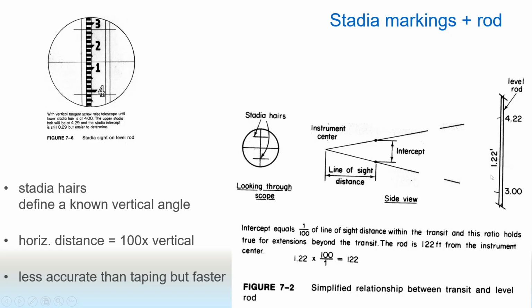If we have 1.22 feet between the stadia hairs, we just need to multiply the 1.22 by 100, and then we get 122 feet from the instrument center to the rod.